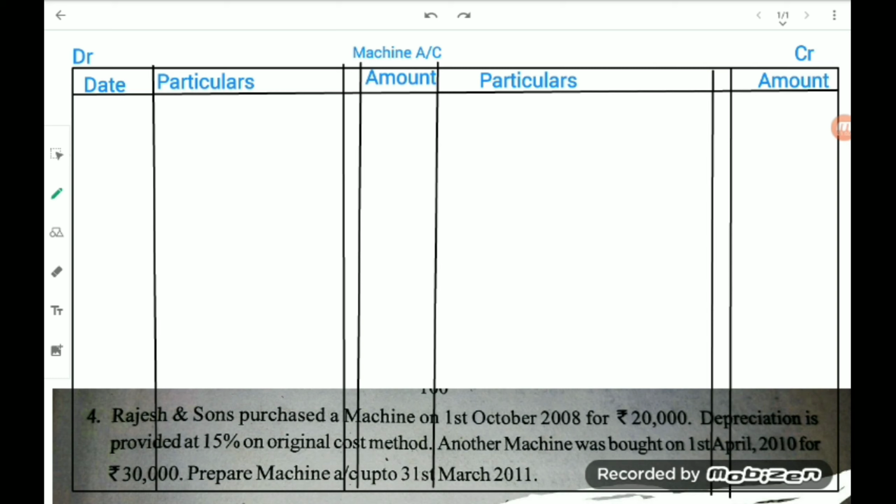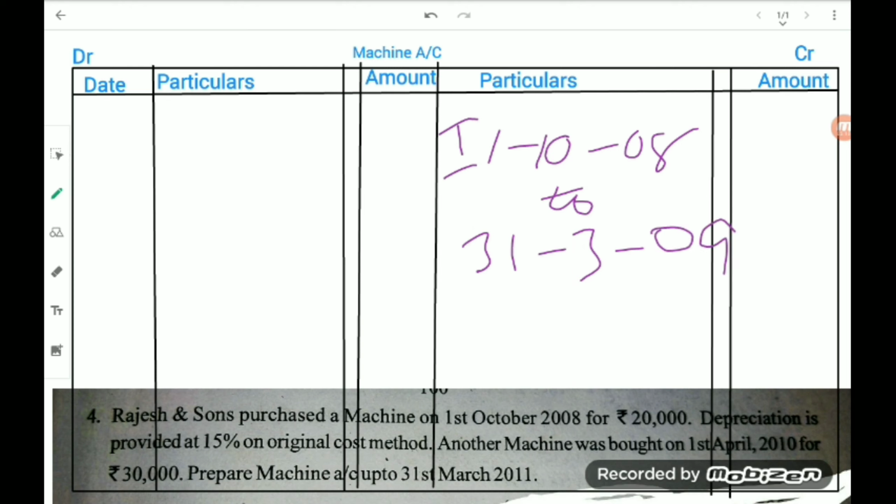See here, for 2008, the first financial year is from 1st October 2008 to 31st March 2009. Because we purchased the machine on 1st October, we calculate the depreciation from 1st October only.